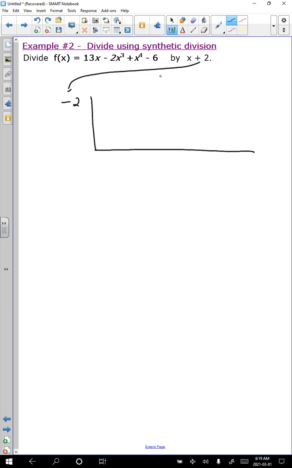So for this one, before I do that, let me just erase this and rewrite this polynomial as x to the power 4 minus 2x cubed plus 0x squared, because we don't have an x squared term, but we need to account for those that are missing also, plus 13x minus 6.